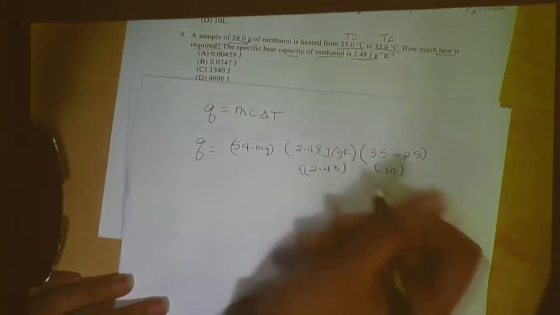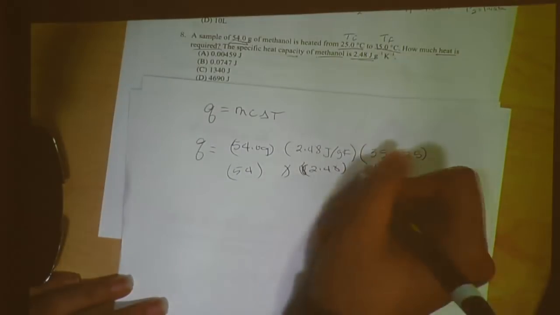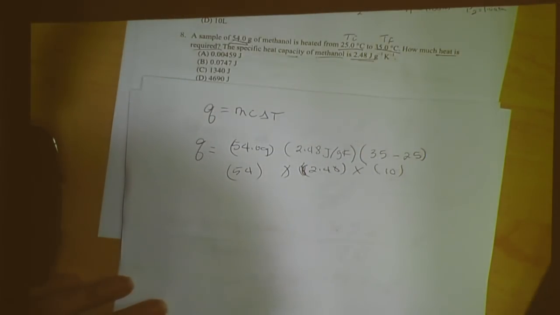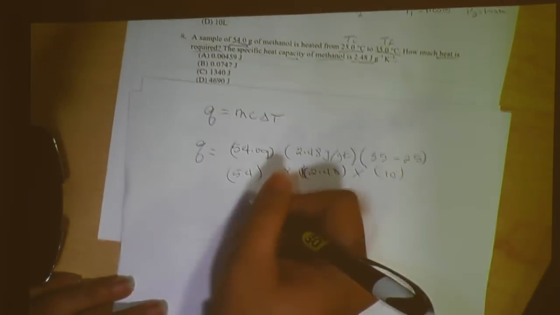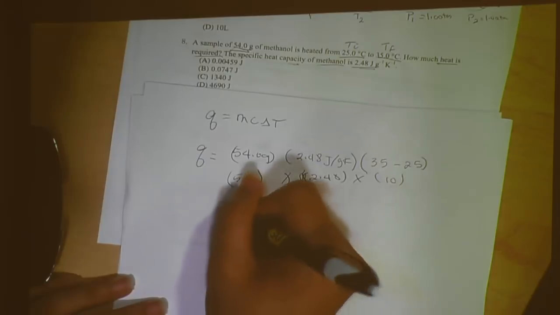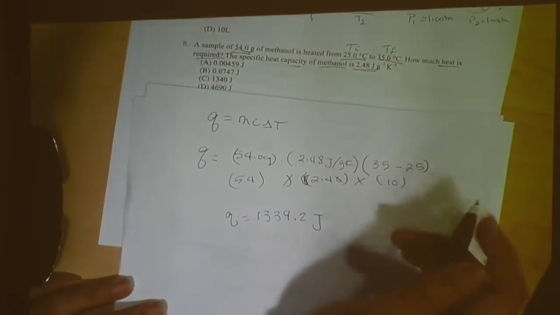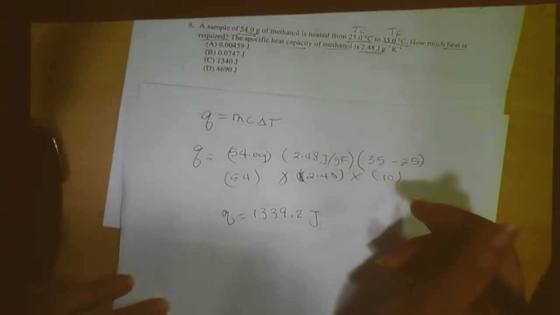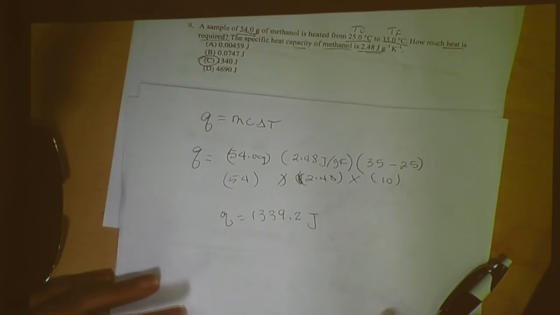So 54 times 2.48 times 10 is equal to 1339.2 joules, which is approximately answer C. Just some rounding, so it is almost 1340. So C is the answer.